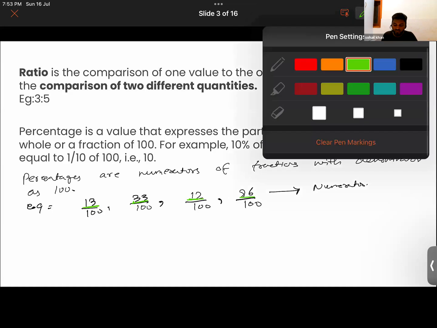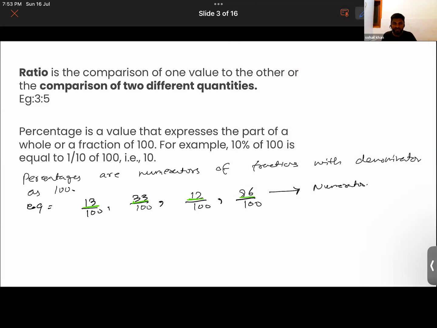When you hear that there's a 13% discount in the market, it means that if the product's price is 100 rupees, there's a discount of 13 rupees on this 100 rupees. So the product will be sold for 87 rupees.